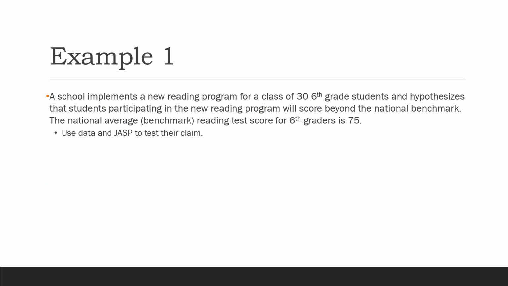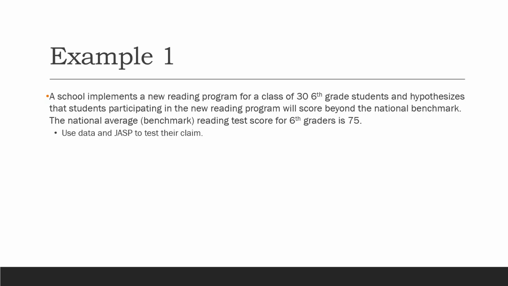The national average reading test score, the benchmark here for the sixth graders, is 75. So we have a sample size of 30. We hypothesize that these students participating in this program are going to score above that benchmark, and that benchmark value is 75. So notice here, we have one single sample.